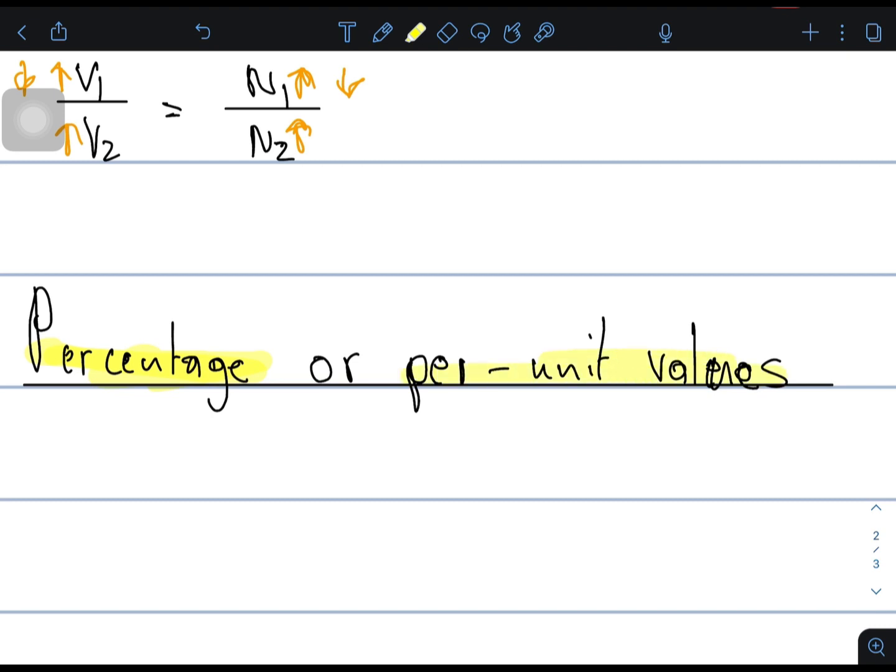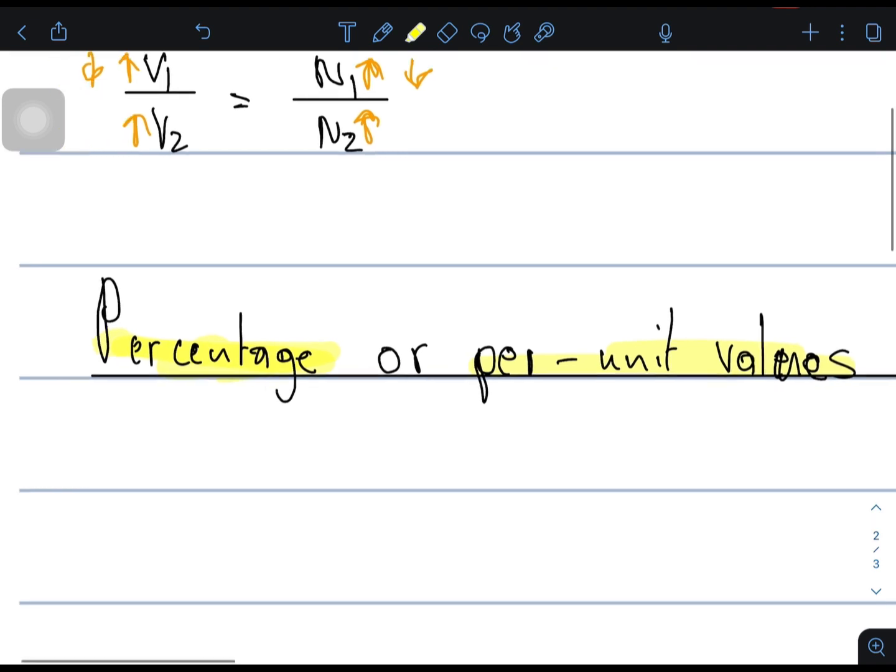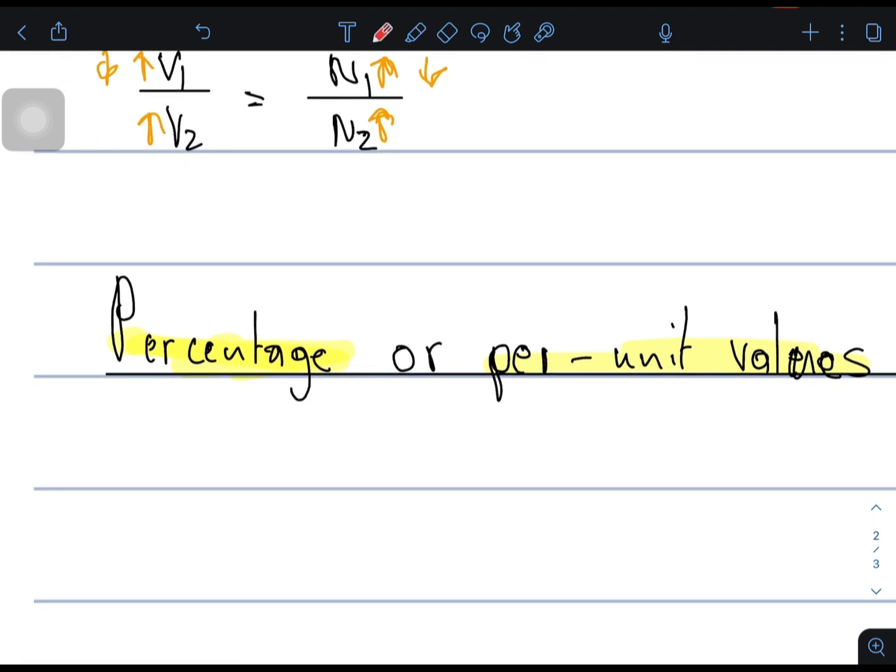There is a reason for that, which I'm going to go through. For example, when the manufacturer gives us the impedance, it gives percentage impedance, meaning it equals percentage resistance of the transformer and jX. Okay, all of these values are in percentage form.